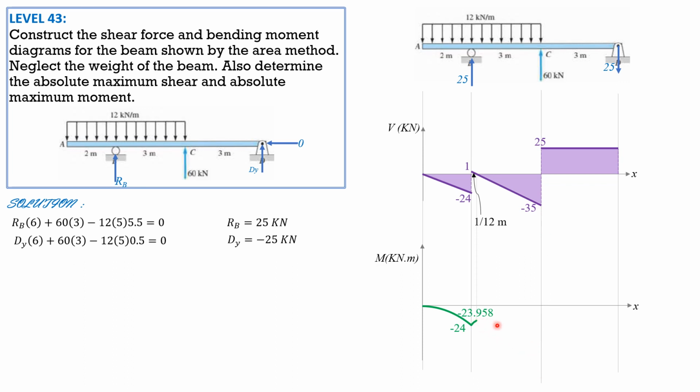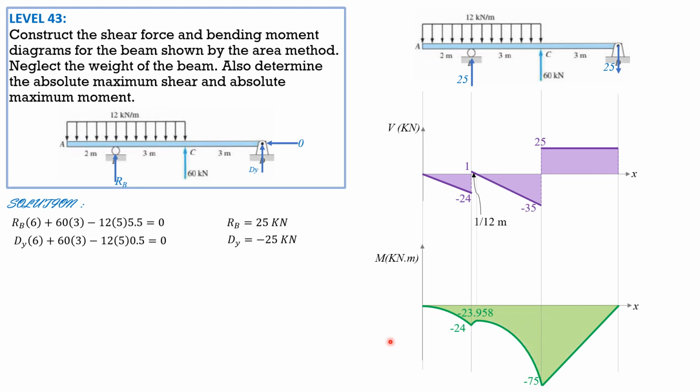So to connect them, concave down again like that, and the value here is negative 23.958 plus 1/2 of 2 and 11 over 12 times negative 35, so negative 75. Then next is constant slope at 25, like that, and 25 times 3 is positive 75, negative 75 plus positive 75 is 0. So that's the moment diagram.